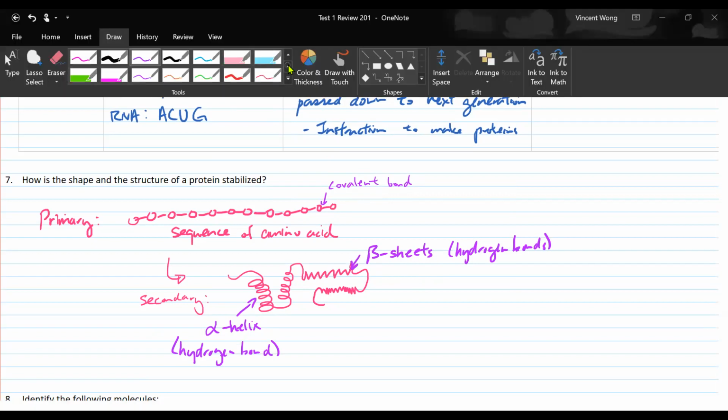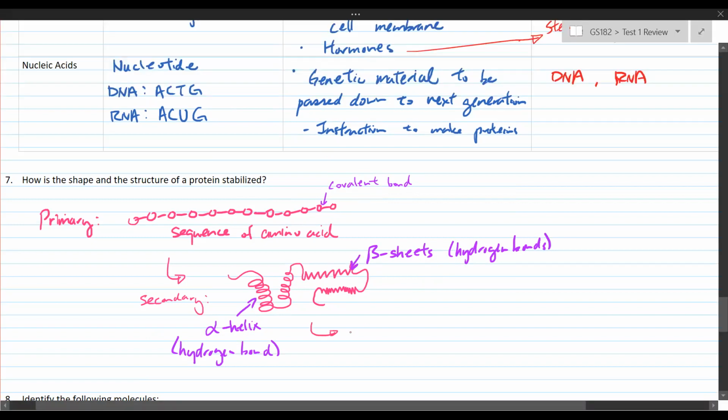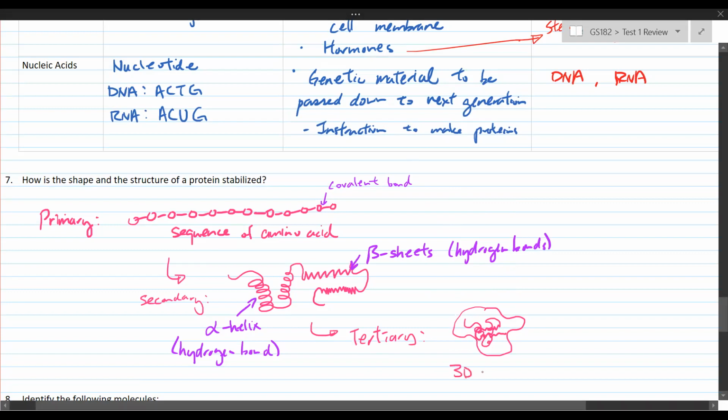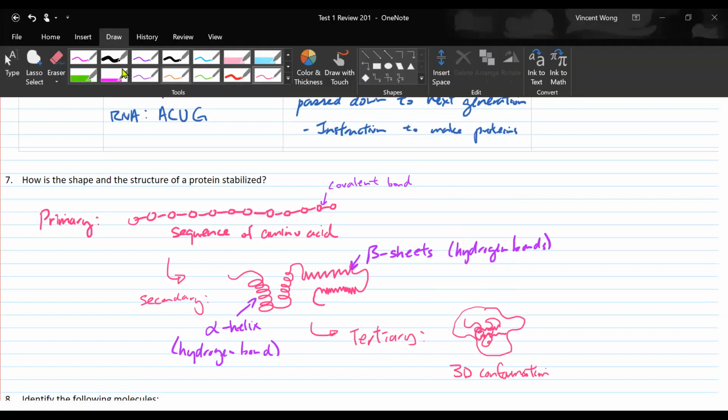And then we have the tertiary structure, which is the overall 3-dimensional shape. Remember the pipe cleaner, that little tube that I was trying to show you. So they fold up, 3-dimensional structure, 3D conformation. And this one is held together by many things.